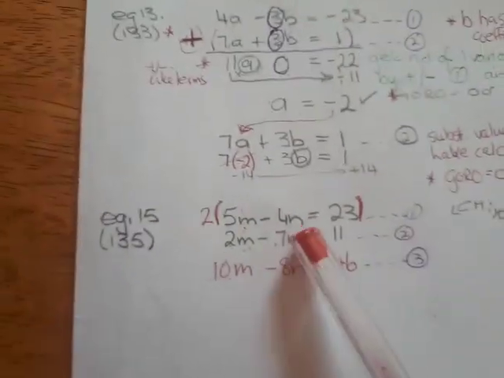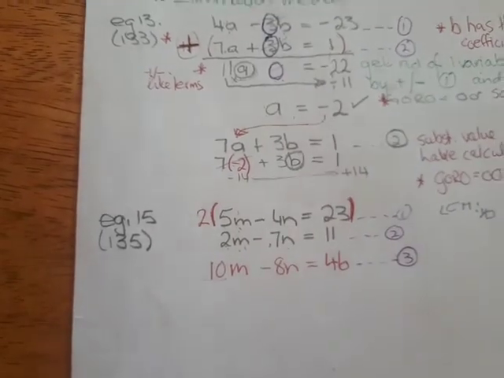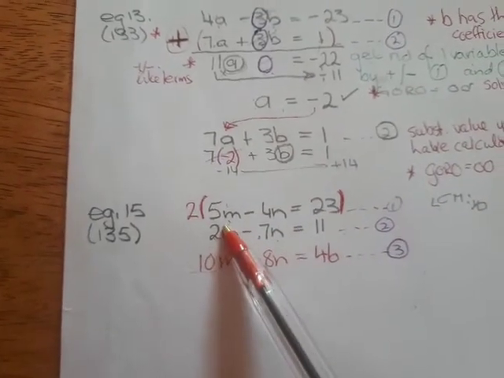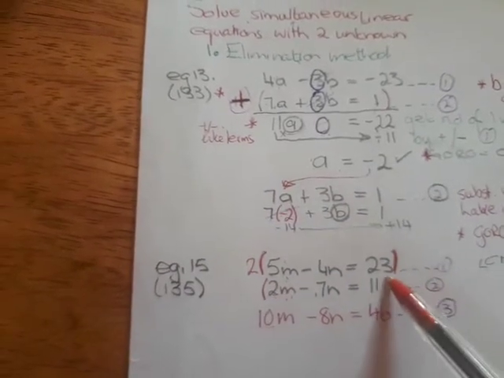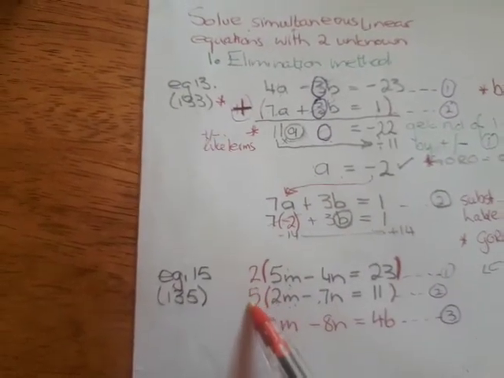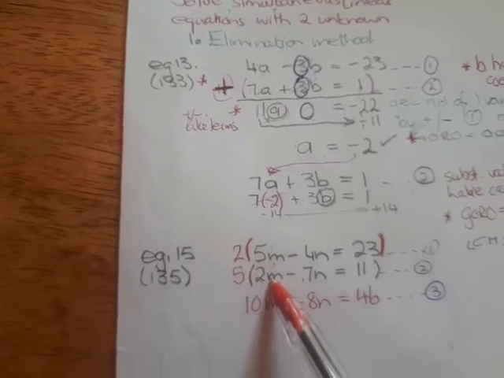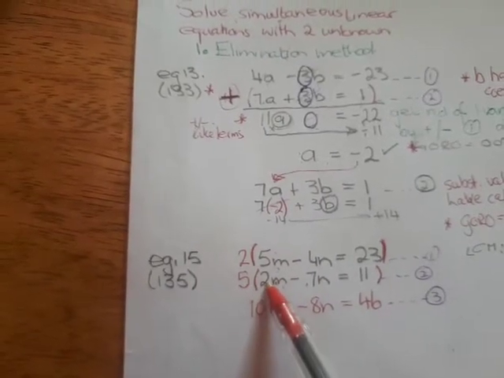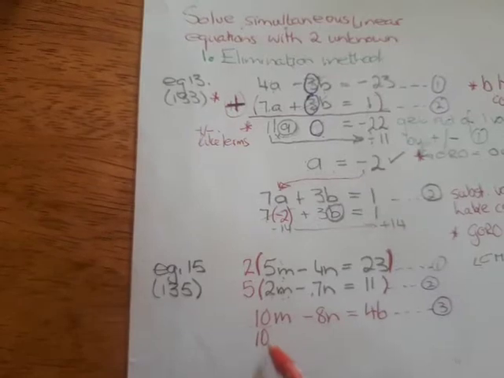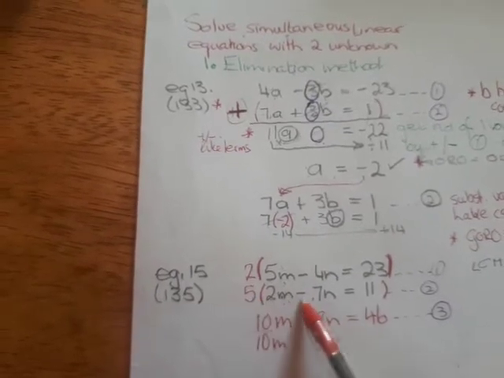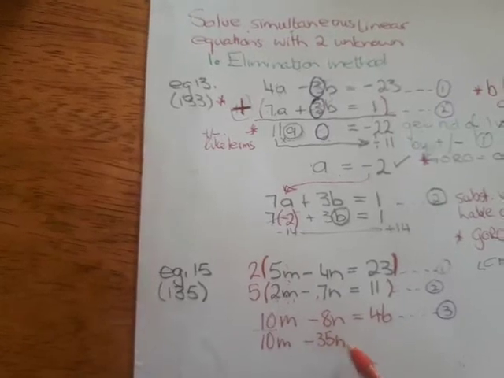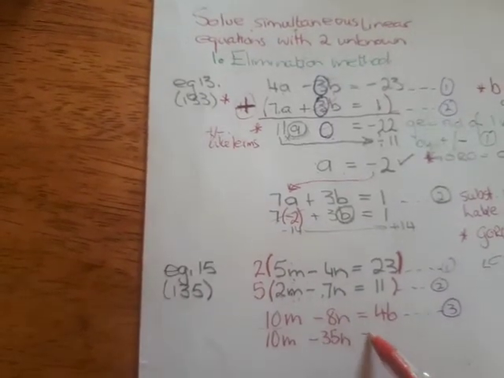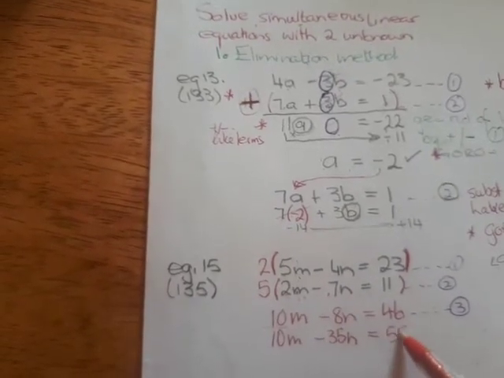Now again, the lowest common multiple for 2 and 5 is 10, so I will have to multiply the second equation by 5 to make the m 10. So 5 times 2 is 10m, then 5 times negative 7 is negative 35n, and 5 times 11 equals 55.